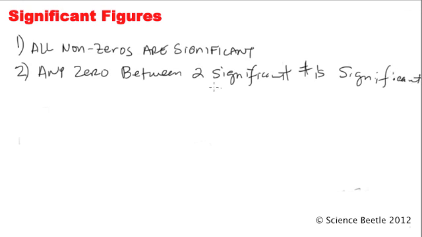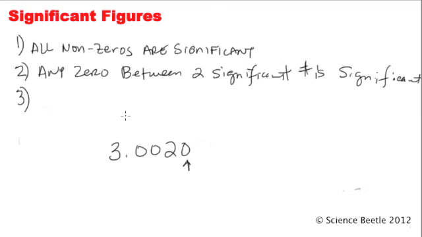The third rule deals with numbers that you find at the very end of a number. For example, let's say I had 3.0020. The 0 here at the very end is going to be significant simply because of rule number 3.